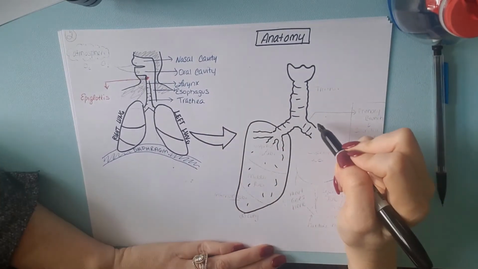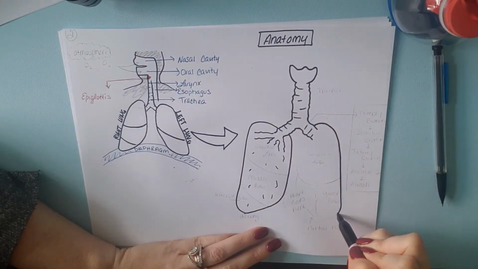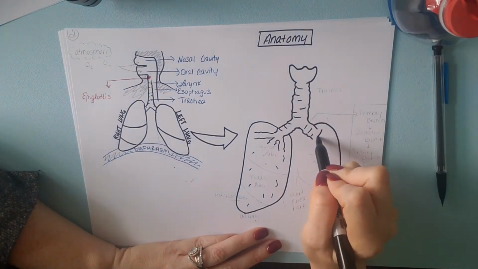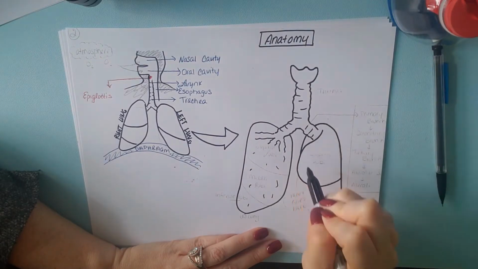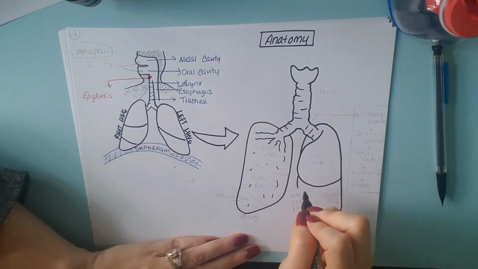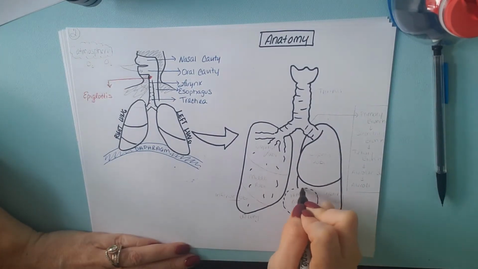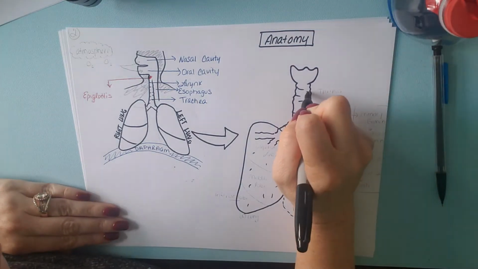All right, and this is the left lung. You'll understand why I'm doing that in a minute. Okay, so just to remember, that is the trachea. That's where oxygen comes down.